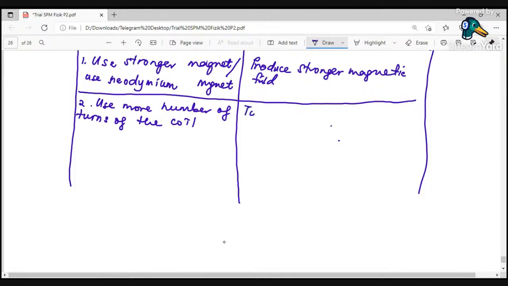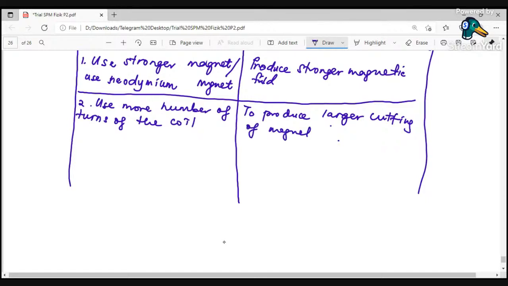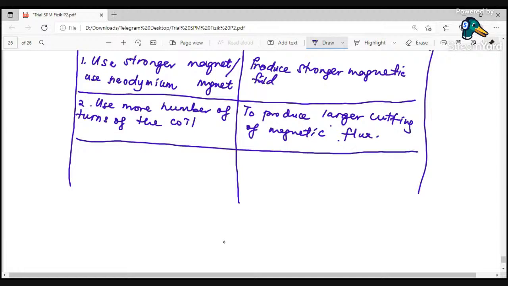We produce larger cutting or larger change again of magnetic flux. So 10 marks means you try to write at least 5 suggestions of modification.